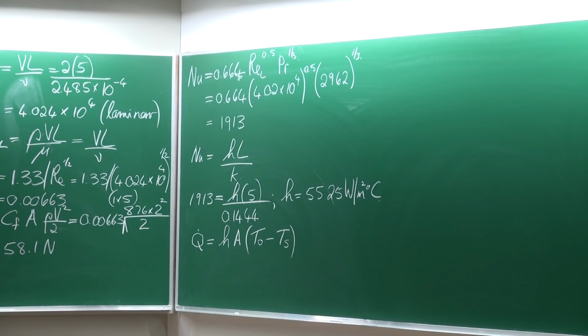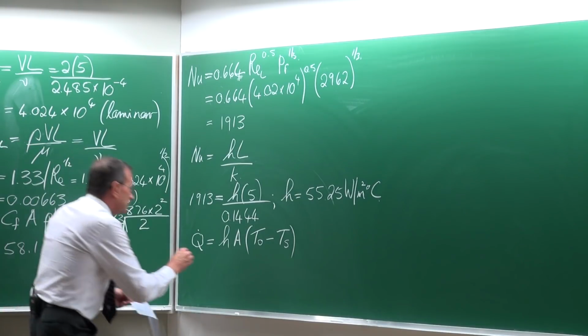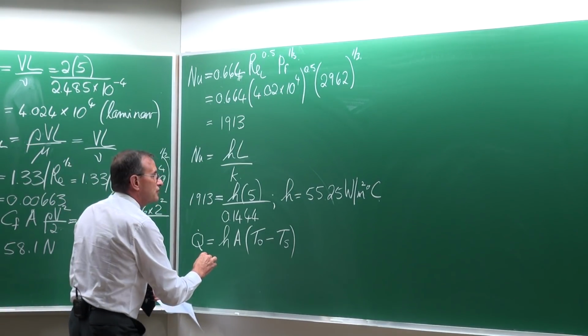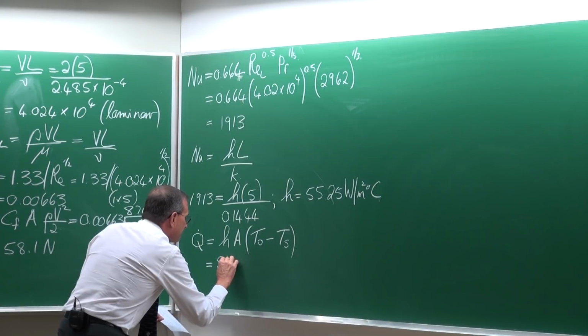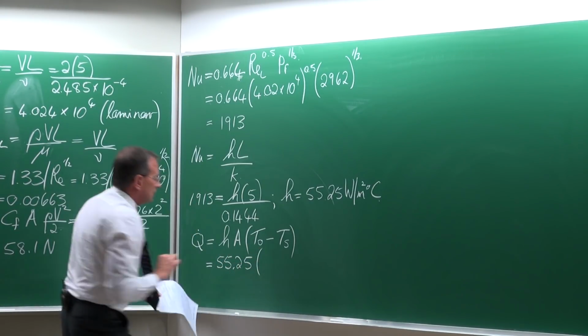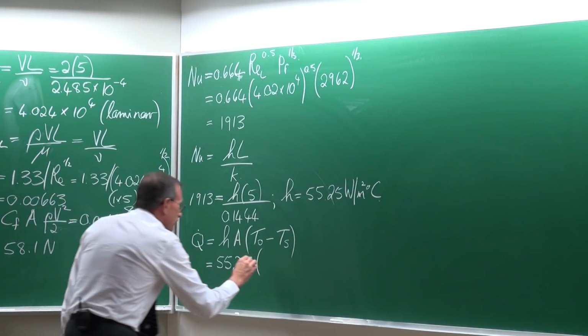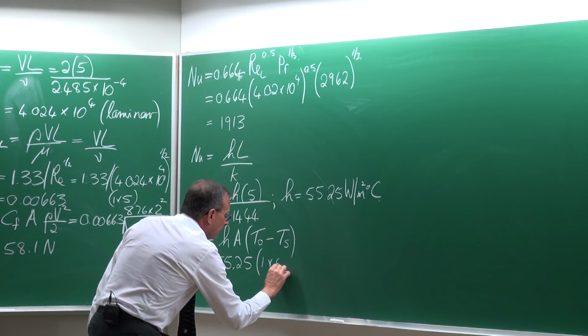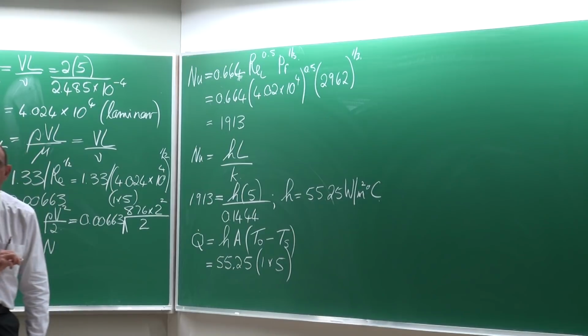It's logical. So the heat transfer rate is equal to the heat transfer coefficient we have solved as 55.25. This time I'll remember the surface area, which is 1 multiplied by 5.